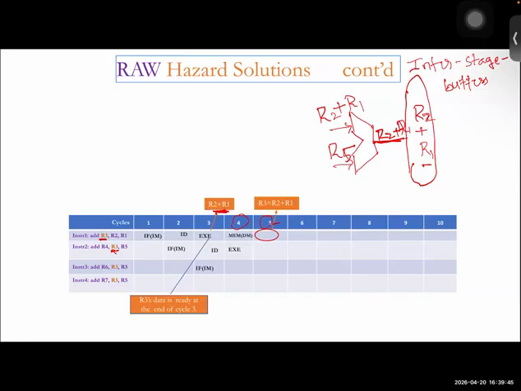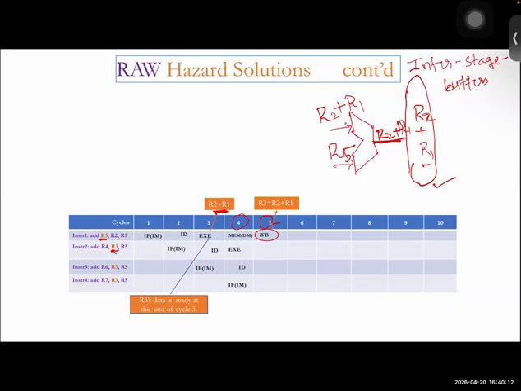That is the advantage of the interstage buffer, which we discussed during the data path design of multi-cycle. Right? So here at the fourth stage, instruction 3 enters into instruction decode stage, and instruction 4 enters into instruction fetching stage.